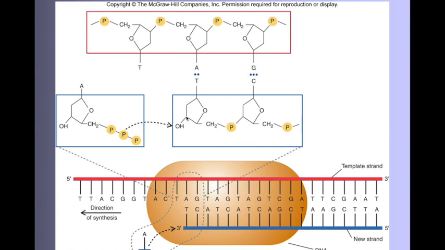So if you recall our DNA strand orientation and the carbon numbers, here is carbon number 1, carbon number 2, carbon number 3, number 4, and number 5 for a nucleotide here.